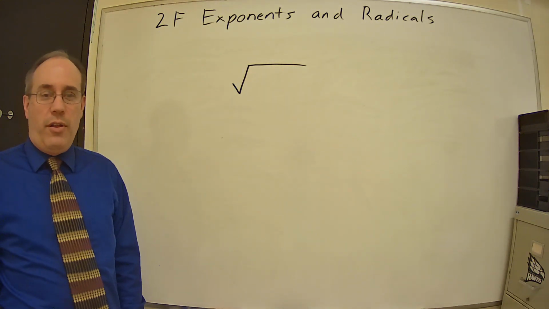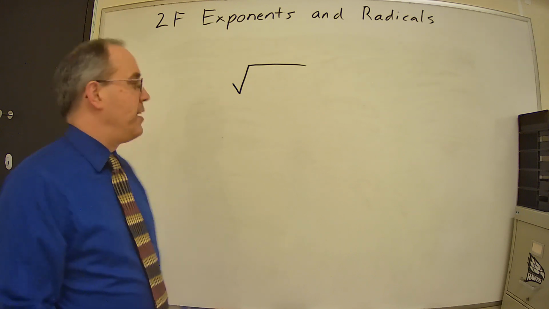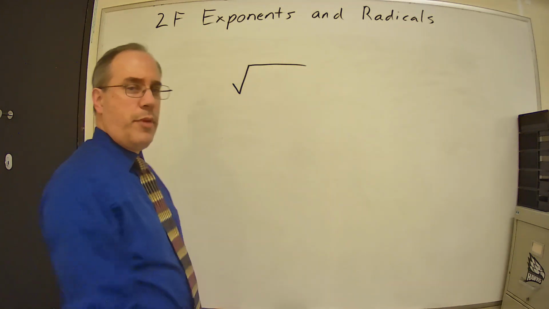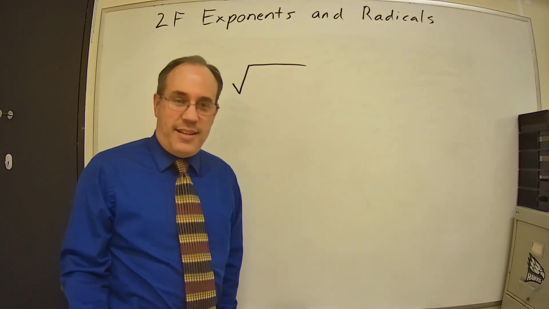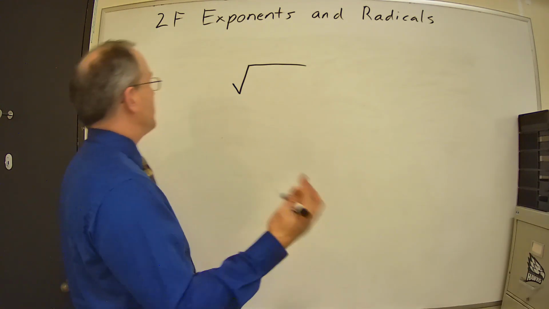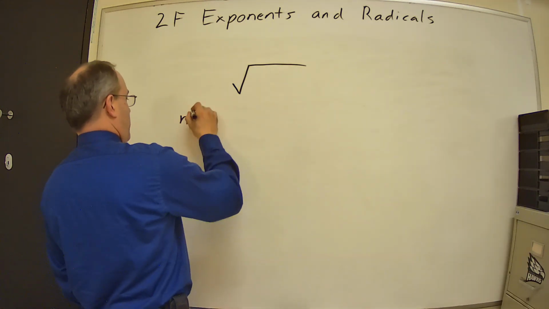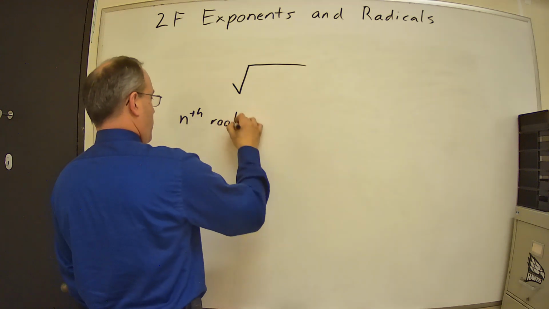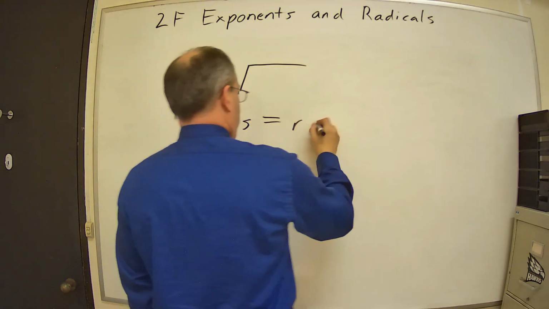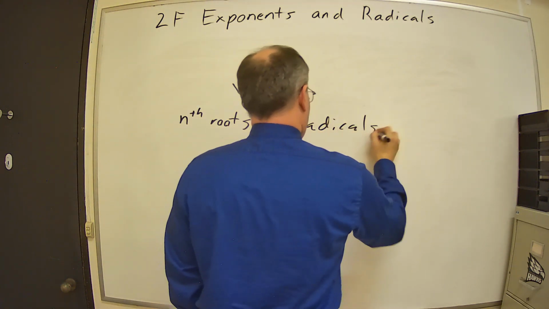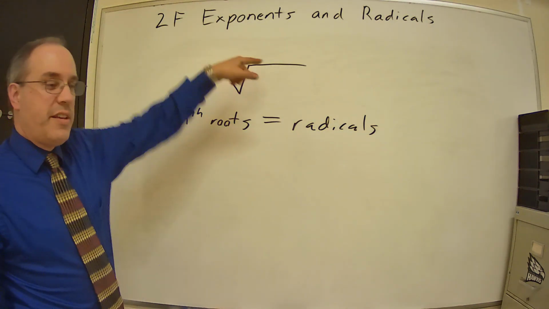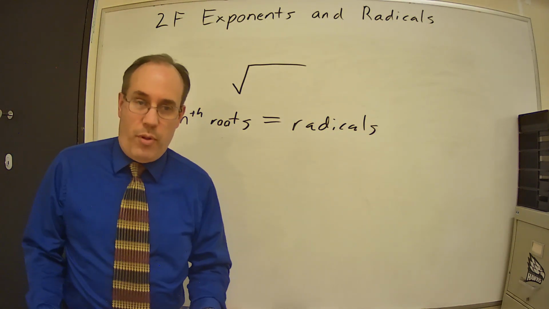That's a radical. Well, radical, wait a second, that looks like a square root to me. Yes, radicals are the same thing as nth roots. We call this symbol a radical symbol.